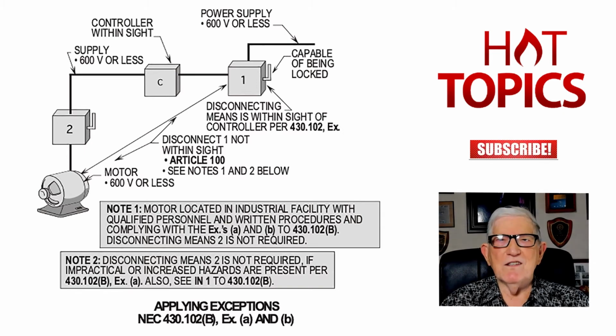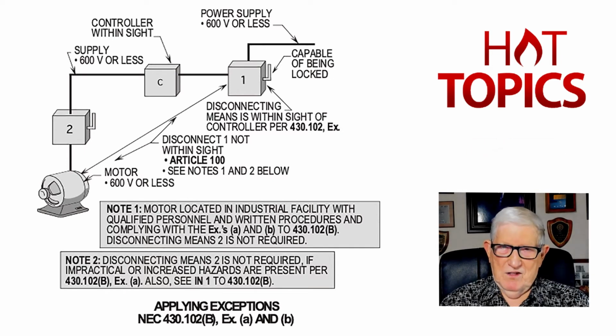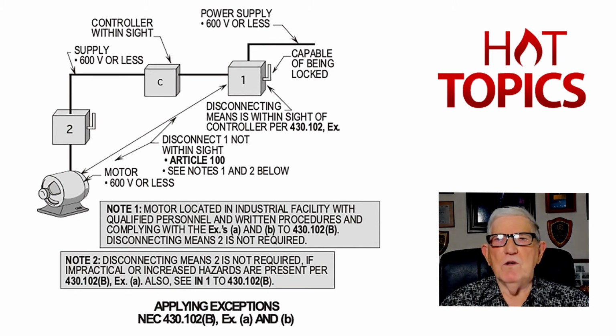It is within sight of the controller, and it is not within sight of the motor, so we need another disconnect by that motor if the facility supervision wants it, or this disconnect 1 is not being capable of being locked in the open position.